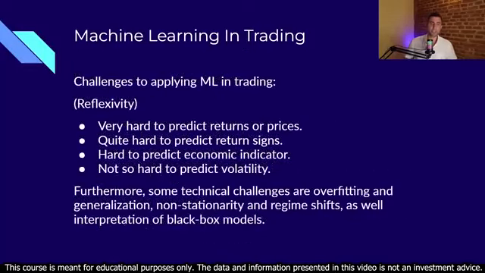What are some of the challenges that we may face while trying to apply machine learning in trading? The first theoretical challenge we may face is the so-called reflexivity feedback loop. It refers to the phenomenon that if we, for example, have a machine learning model that predicts that a stock is going to go up each Friday, and we form a strategy around it to profit from that phenomenon, for example, buying each Thursday and selling on Friday to capture that price increase.